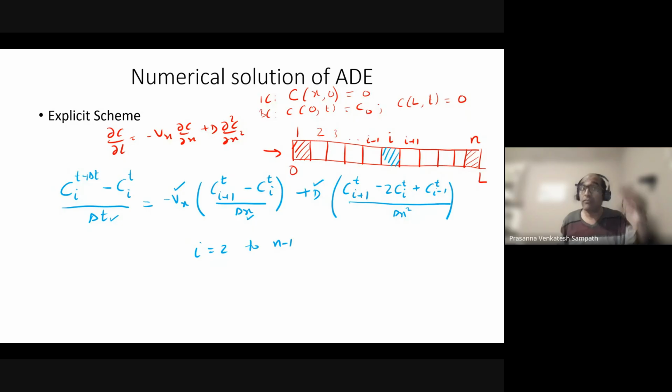But I'll have n minus 2 such equations. So I'll solve n minus 2 equations and then go to the next time step, again solve n minus 2 equations, and so on. So I will solve for Ci at t plus delta t, which is the only unknown in this equation.